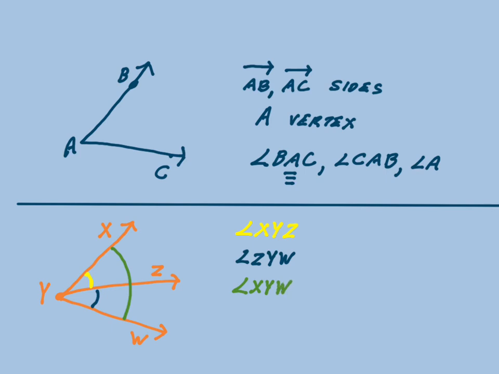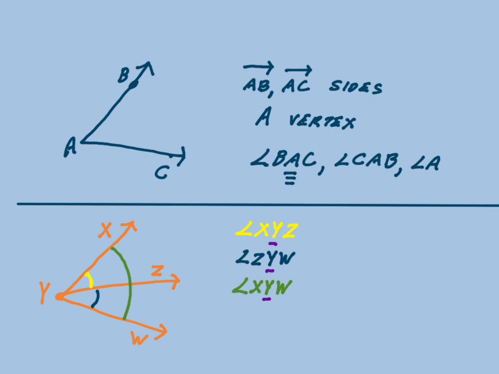So those are the three angles. Now, if I were to say angle Y, we would be really confused because there are three angles with a Y for a vertex. So we'd throw up our hands and go, I don't know which angle Y you're talking about.